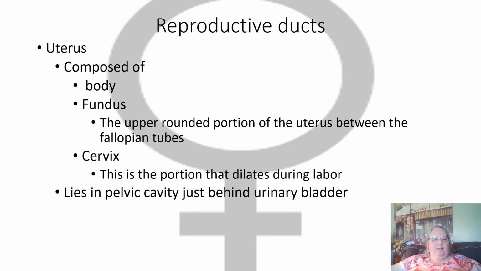The fundus is the upper round portion of the uterus between the fallopian tubes. It is what we feel when we are working with pregnant ladies. That's what you feel, is the fundus. The cervix is the portion that dilates during labor.